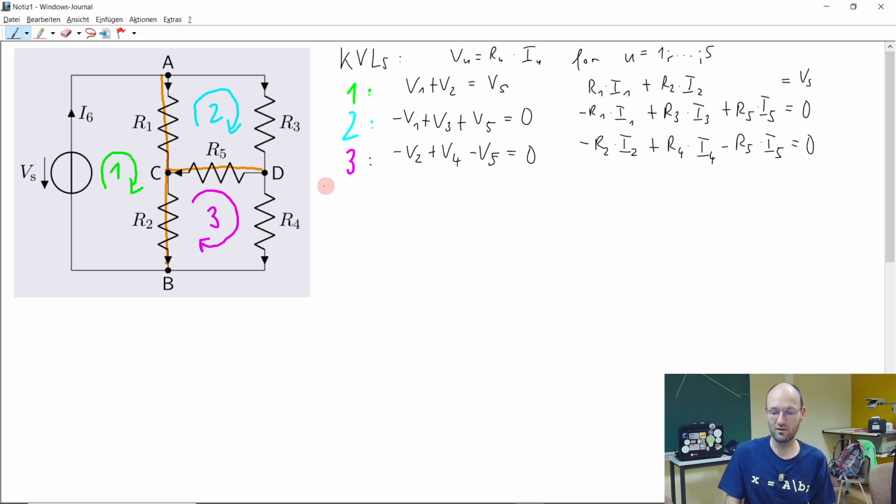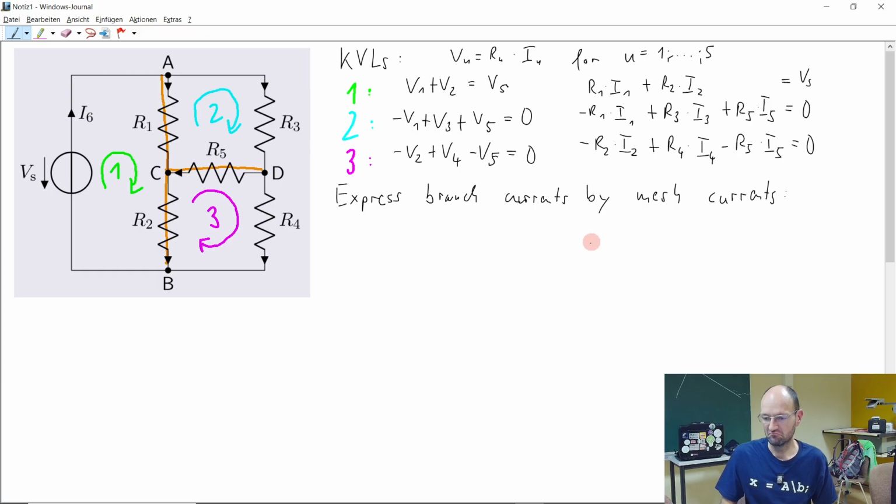Okay, so now we try to express our branch currents by the mesh currents. And the mesh currents are more or less virtual currents that flow inside this mesh.